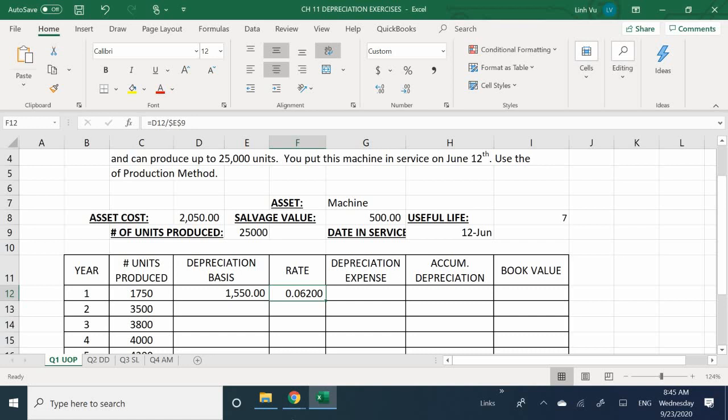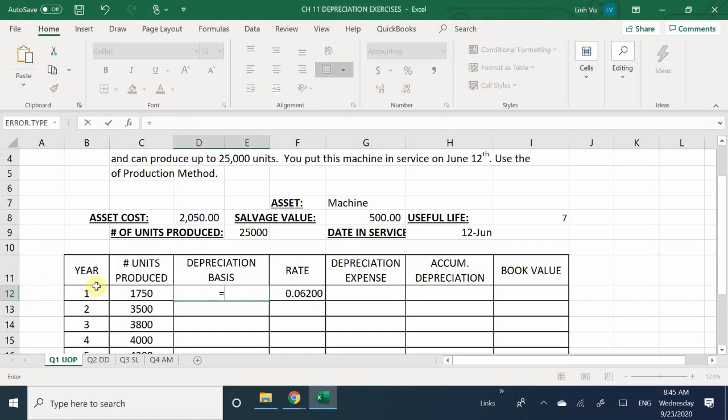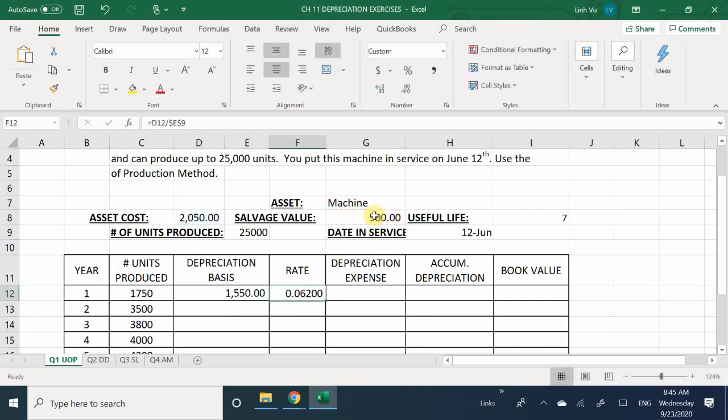I'm sorry, I'm going to do this again. Because my depreciation basis is going to be my 1550 divided by 25,000. All right. Someone used 1750? No, I used the asset cost. I made a mistake.